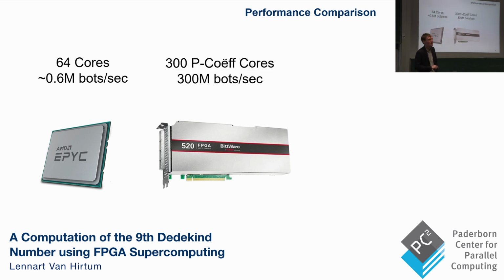On our FPGA, which has 300 PCoefficient cores, we get 300 million bottoms per second. So we have a speed advantage of a single FPGA versus a single EPYC CPU of a factor of 500, which is astronomical. It's one of the largest FPGA advantages, I think, in our department.